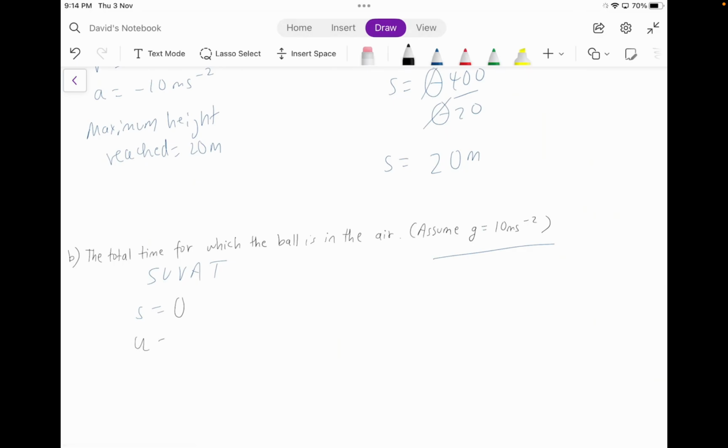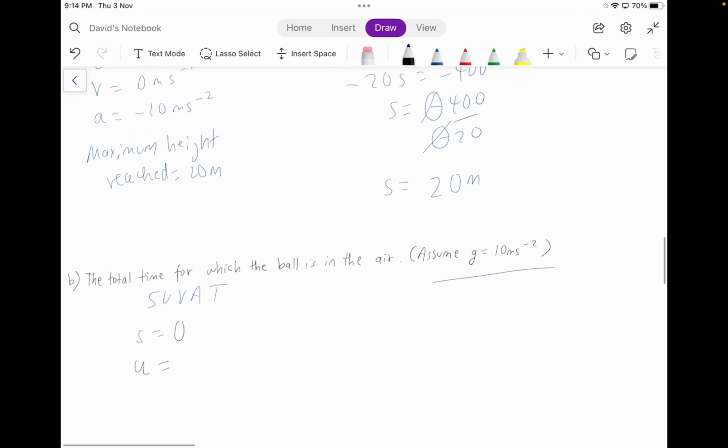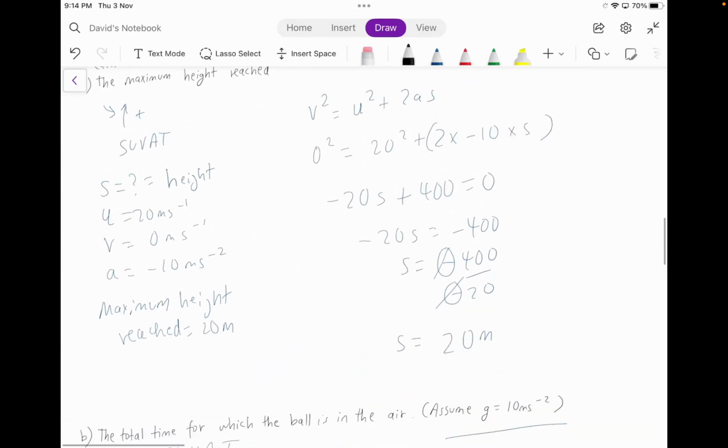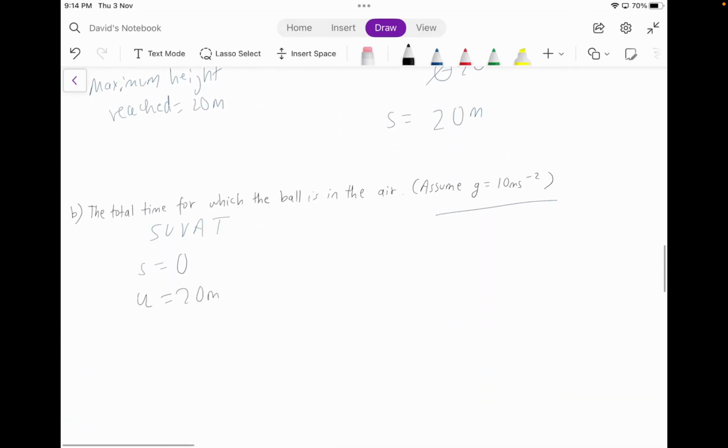Then your initial velocity, we know, is going to be taken as 20 meters per second, like in the given question. Your final velocity is also going to be considered here, but we do not need to consider the final velocity since we have to find out the time for which the ball is in the air.